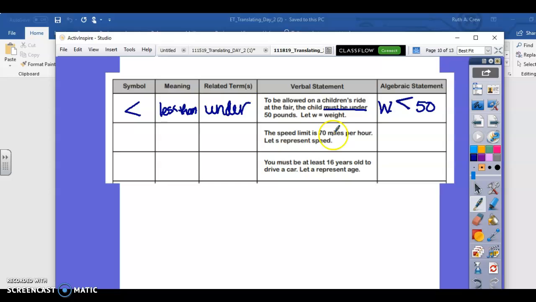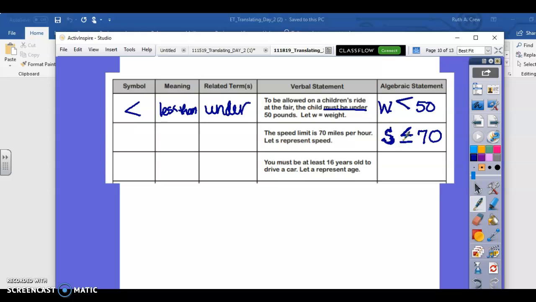The speed limit is 70 miles per hour. Let S represent speed. So if you're on the highway and you know that your speed is going to be S, and the sign says the speed limit is 70, this represents how fast you're going, the speed of your car. So this needs to be less than 70. Could we go exactly 70 and be okay? Yes.